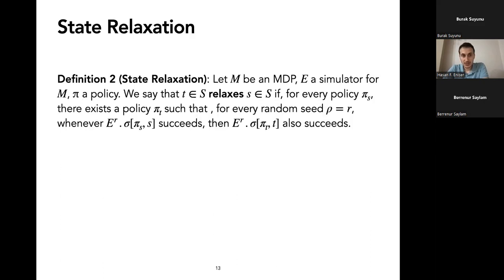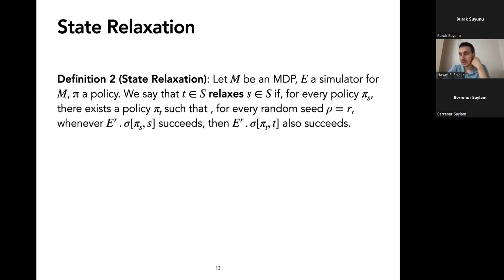Let's continue with the formal definition of state relaxation. Again, consider the same definitions of the MDP, simulator and policy. We say that state T relaxes state S if for every policy pi S which succeeds on S, there exists a policy pi T which also succeeds.